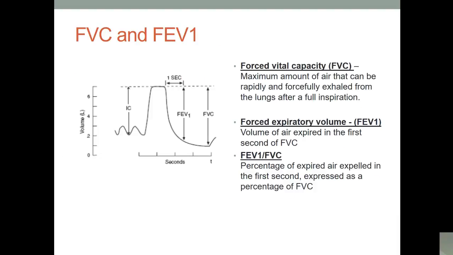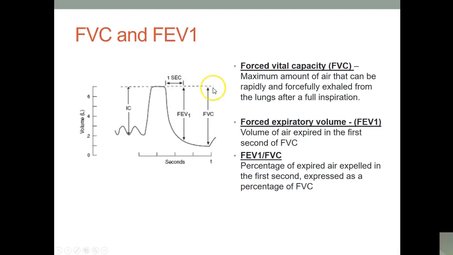Okay, let's look at that FVC and FEV1. This graph shows volume over time. So we have a patient breathing normally, tidal volume here, who takes a big breath in, completely fills their lungs up, holds it for a second, and then blows it out as hard and as fast as he or she can until they can no longer blow out any more air and reach residual volume.